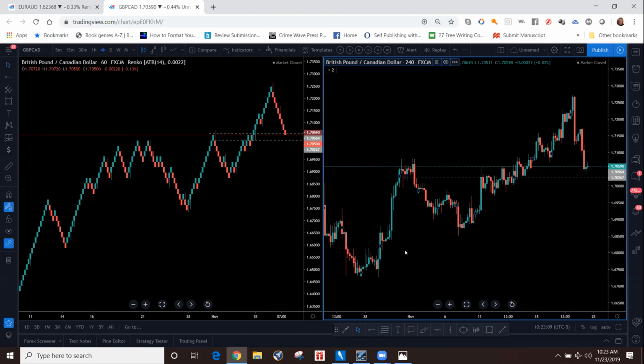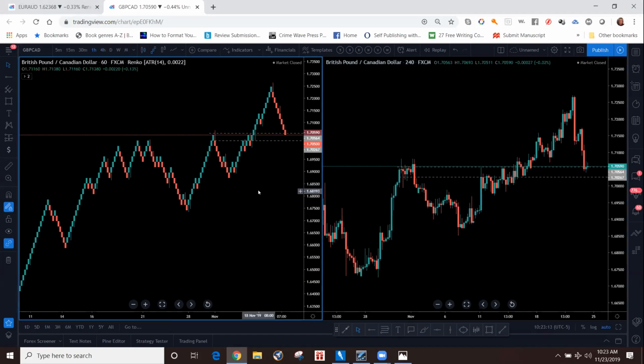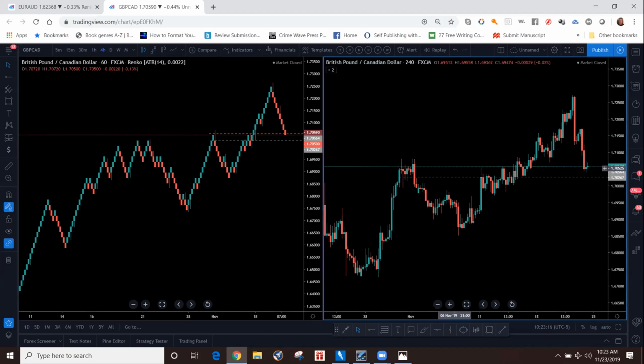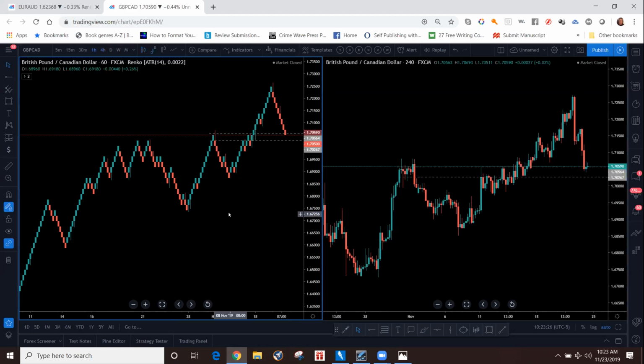No, I don't have candles for each side. I have to have Renkos here. And another reason, guys, I like to do this: if you're going to set alerts, you cannot set alerts on Renkos, but you can set alerts on candles, yes? So if I chart them side by side, people had so many questions about Renkos.